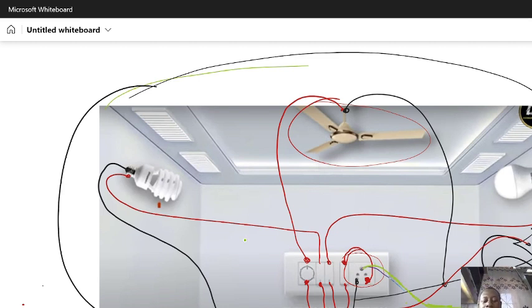The only thing we have to pay attention to is, for example, if the live is supplying 20 ampere, we should not add elements that draw higher current than the current that is supplied.